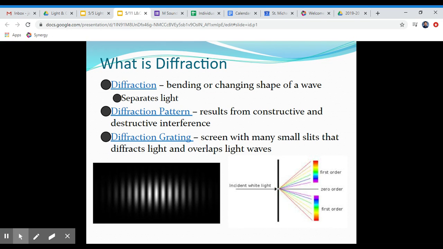That's the light bending around those slits. The difference with a diffraction grating, like the one Mr. Dewey used in his video, is that the slits are so compact together that we get really defined order points.